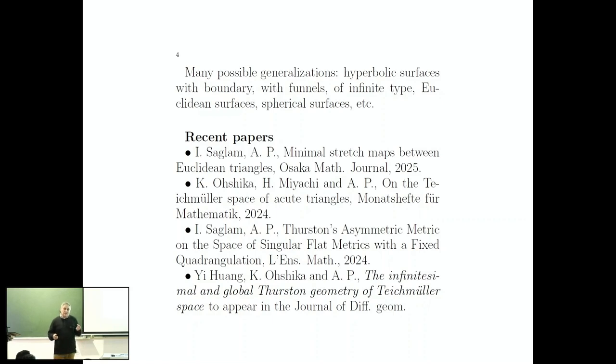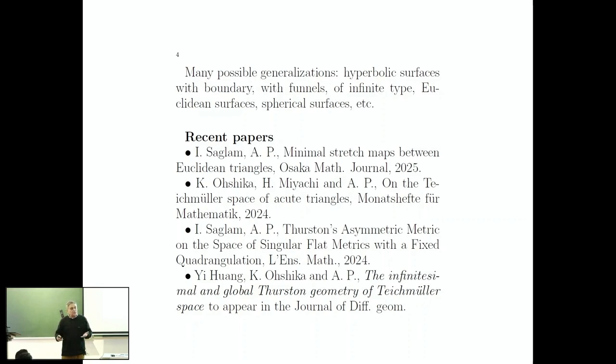So I started with this complicated picture of fish, and then I talked about hyperbolic surfaces, but now if your surface is just a Euclidean triangle, in other words, my space is the space of all triangles in the plane.